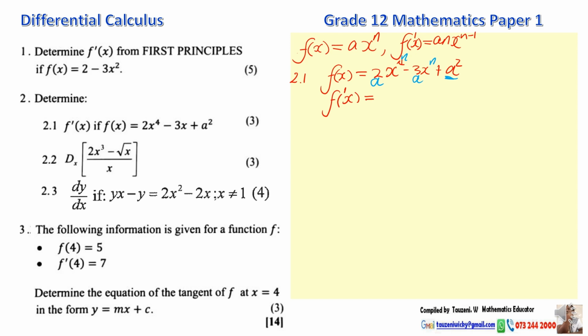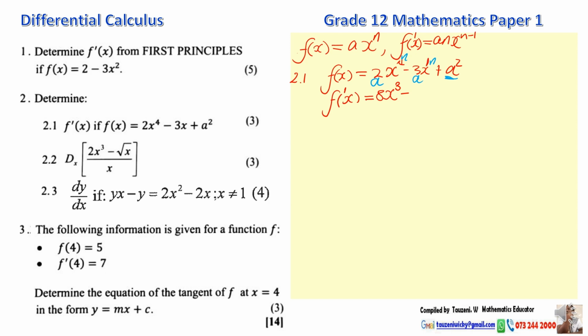That's 2 times 4. So 2 times 4 is equal to 8x. Our exponent is n minus 1, which is 4 minus 1. So 4 minus 1 is equal to 3. Then the next one, there is no exponent indicated here. We know that there is a 1 there.